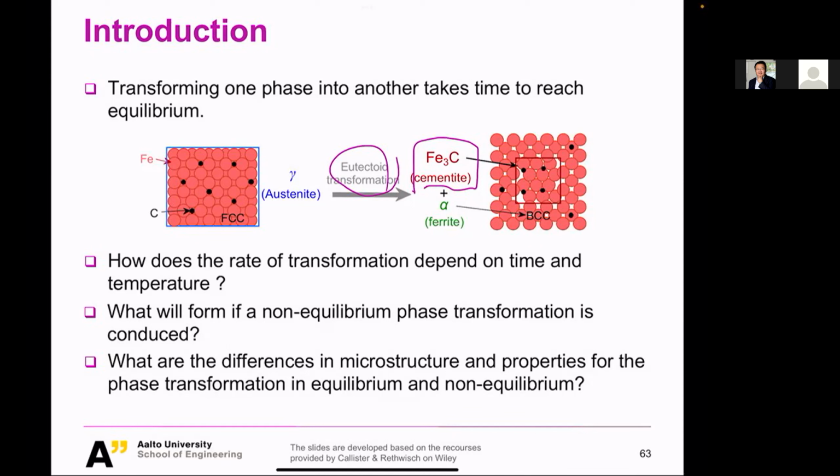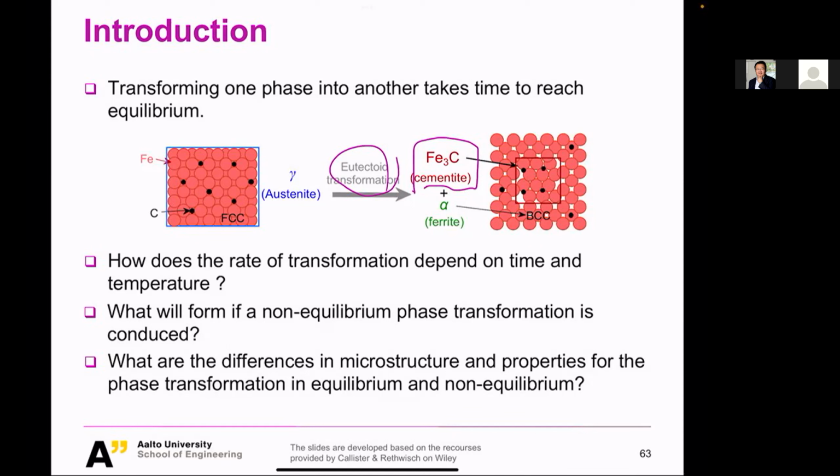So this is the basic question we need, and the expanding question is, what is the rate for us to get the gamma phase finally into these two phases, basically the pearlite phase? And if we don't reach the equilibrium phase, so we don't have the time to finally get it, what will happen? What will happen if it's a non-equilibrium phase?